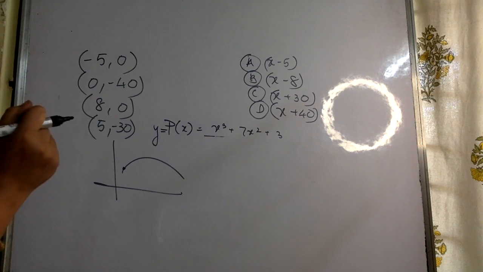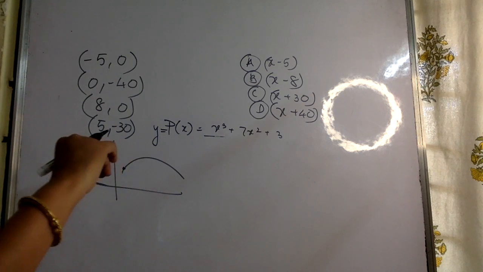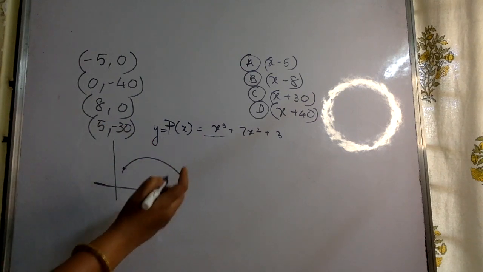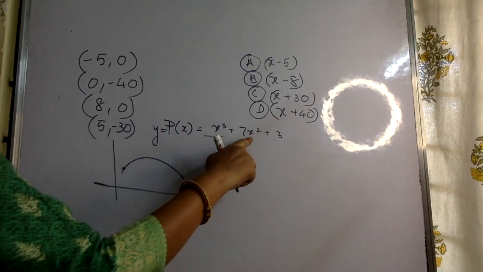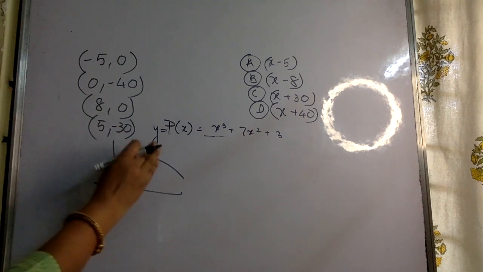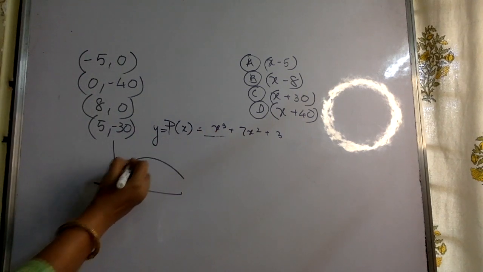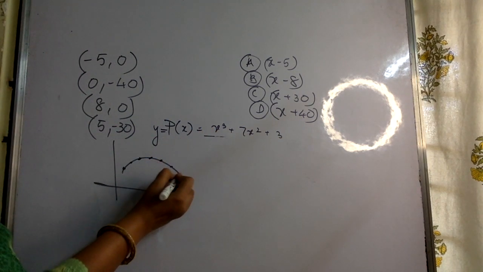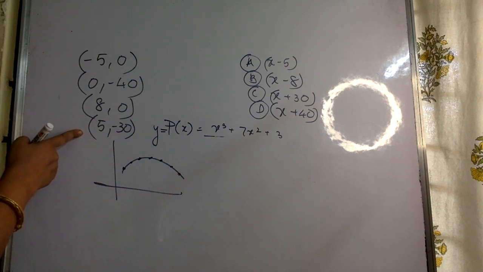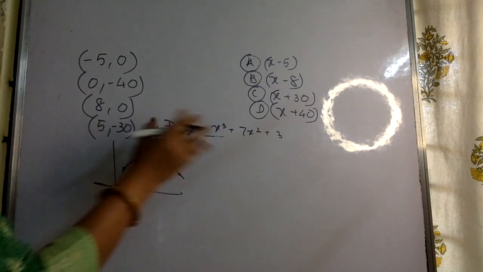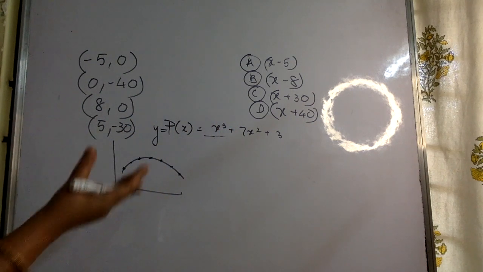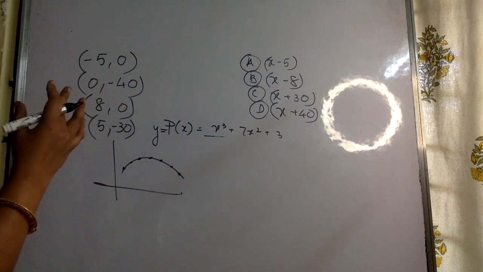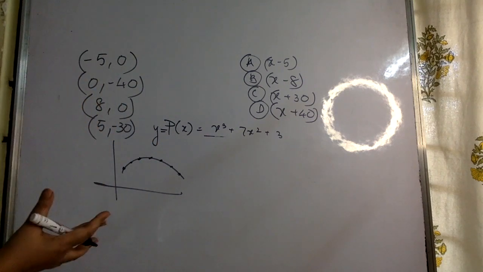All corresponding values of x and y which satisfy the equation y equals x cube plus 7x square plus 3 must lie on this graph. And this is exactly what these points have told us: these 4 points lie on the given polynomial, not this one I wrote, but the given polynomial. That is, it passes through these 4 points.